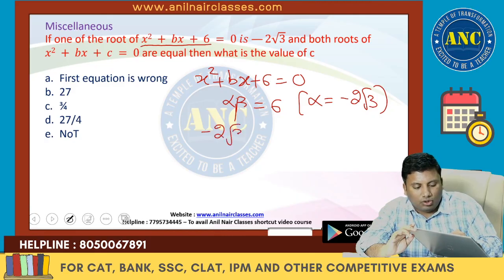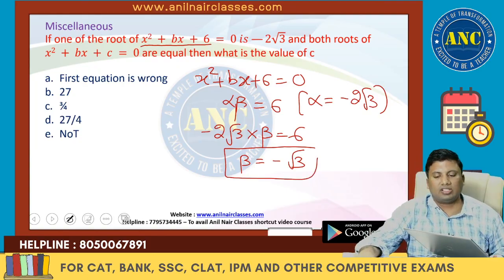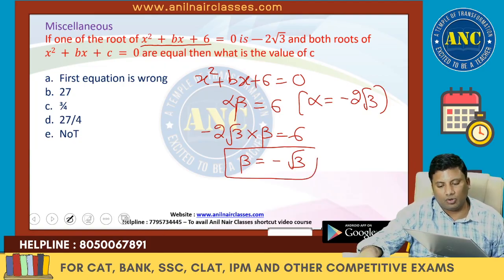So minus 2 root 3 into beta equals 6, and beta is minus root 3.